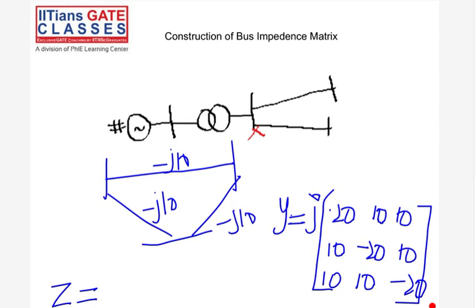Unless there is a physical connection between the network and the reference, the ground, that is the shunt, you cannot invert the matrix to get the Z bus. There will be a lot of systems in the grid where there is no shunt element, and we cannot say that since we cannot invert the Y bus, we don't have the Z bus.